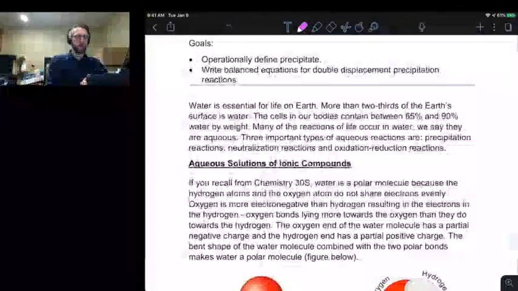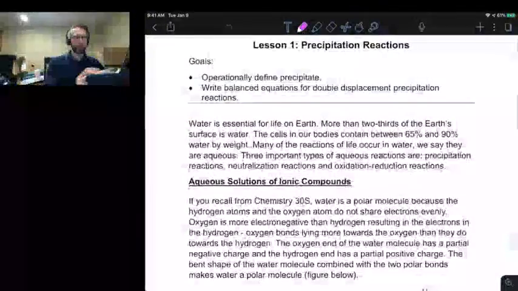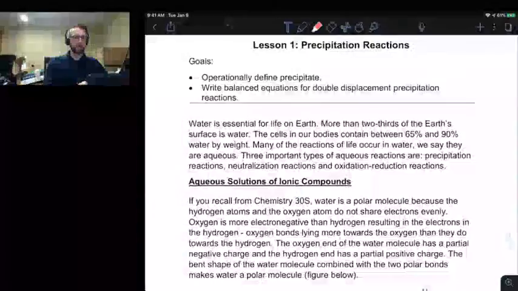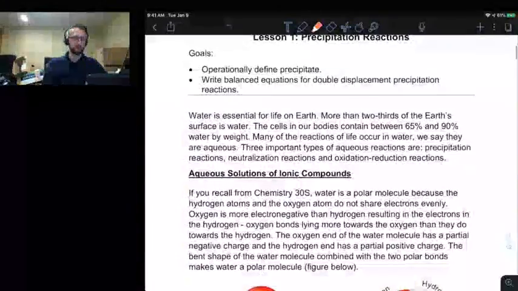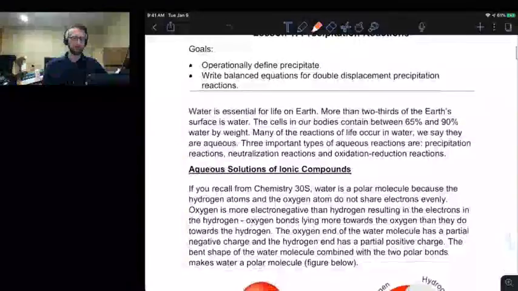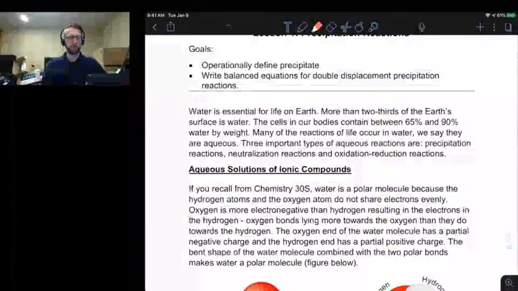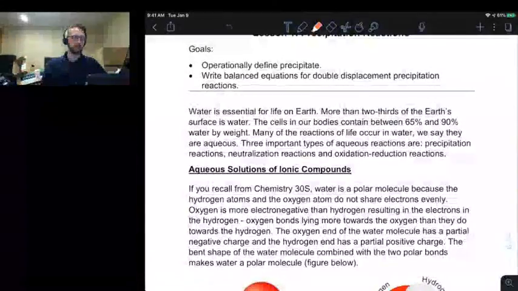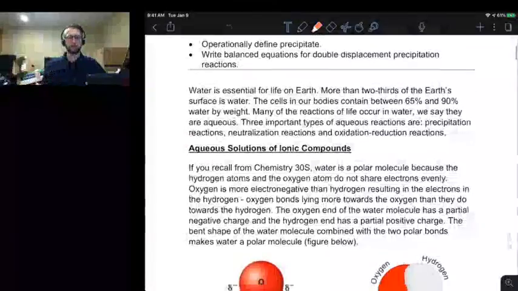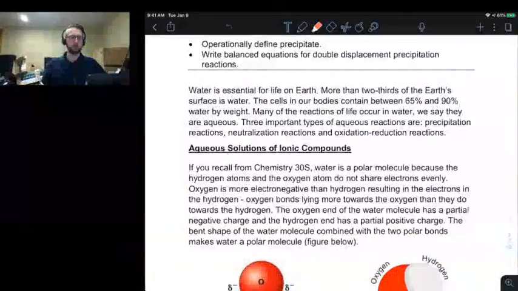So this has a little bit of preamble here about how water is essential to life on Earth. More than 2/3 of the Earth's surface is water. Our bodies are water, right? So 65% to 90% of our cells are made of water. And so that means that many of the reactions that we are interested in happen in water.